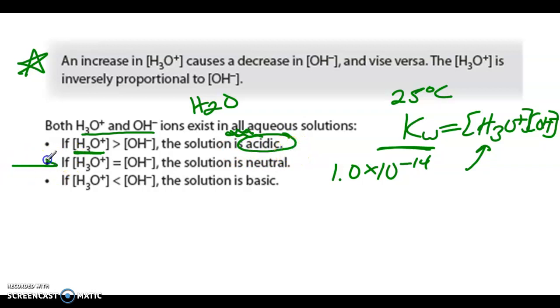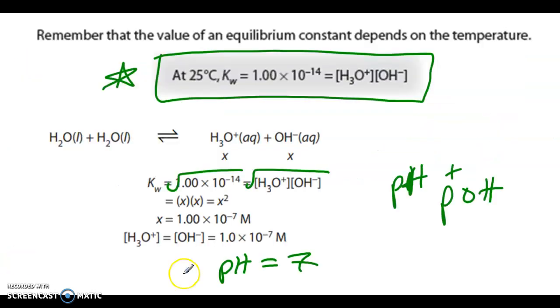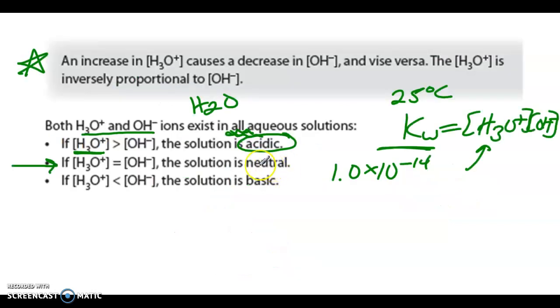If you have equivalent amounts, that's exactly what pure water is, which is what we saw, right? This 1.0 times 10 to the negative 7, then you have a neutral solution, of course. And if you have hydroxide concentrations that are now higher than hydronium, you're going to have a basic solution, which means your pH will end up being higher than 7.